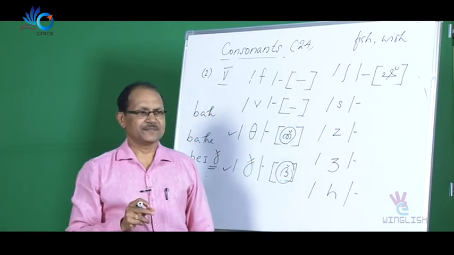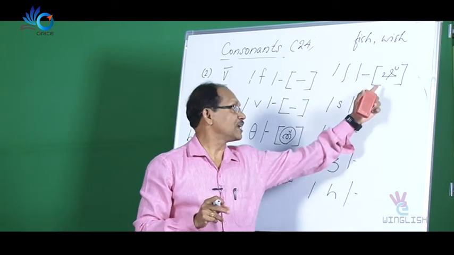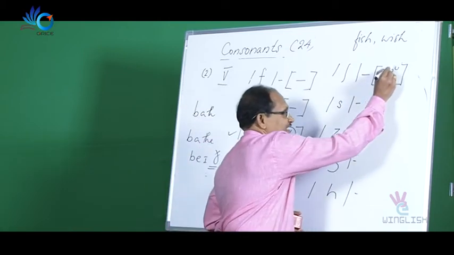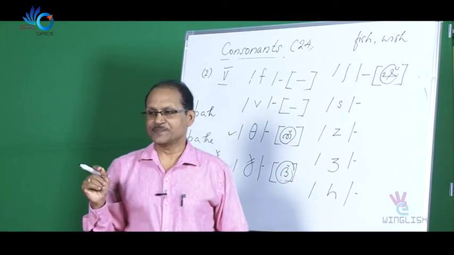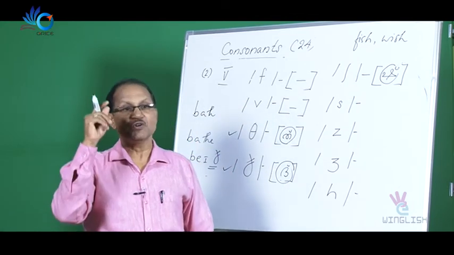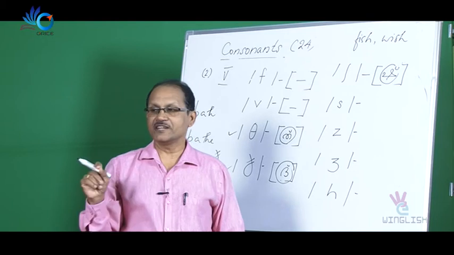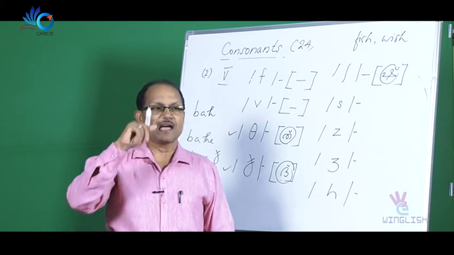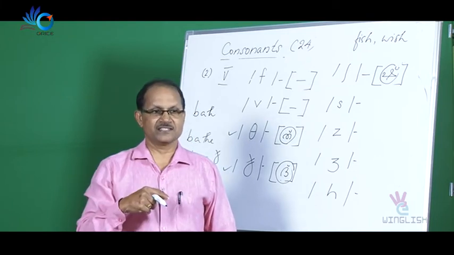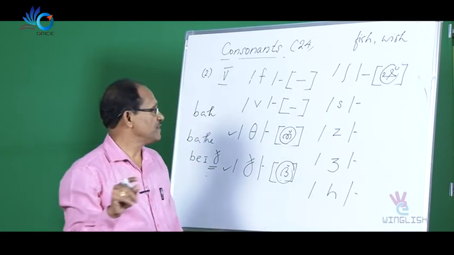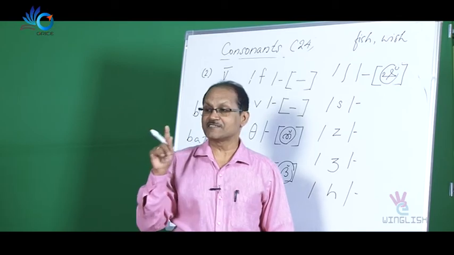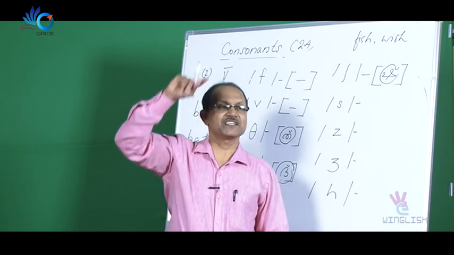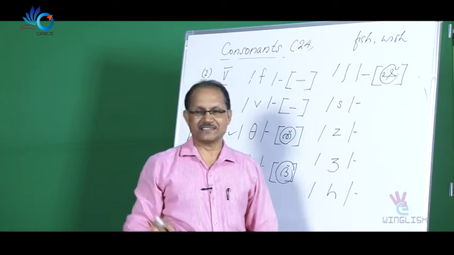How does this sound differ from the Malayalam sh? You remember sh, j, ch and j, they are palatal alveolars, that is, the articulators are the tip of the tongue, alveolum and palate. But in Malayalam, when we articulate the Malayalam sound, the tongue tip does not touch the alveolum, it straightaway moves to the palate.